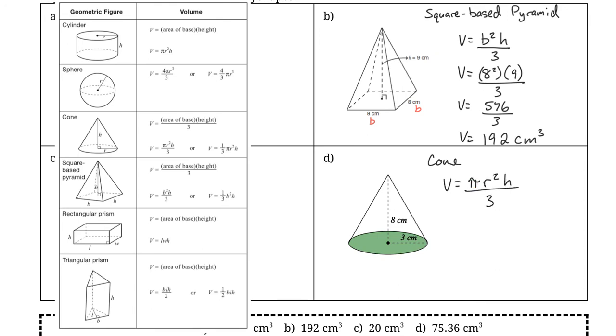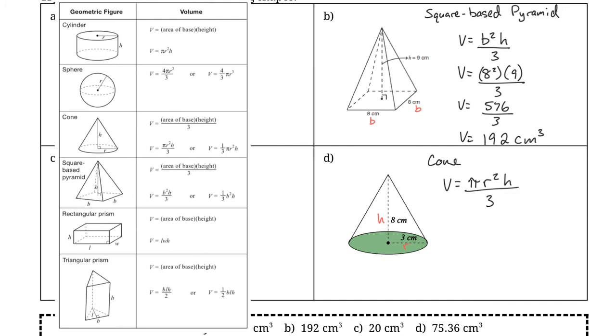And that's just pi times r squared times h, and that's all divided by 3. And we know that the symbol here, pi, is 3.14. R is the radius of this circle, so in our shape, r is 3 centimeters, and h is just the height of the cone, and in our shape, that's just going to be 8 centimeters.